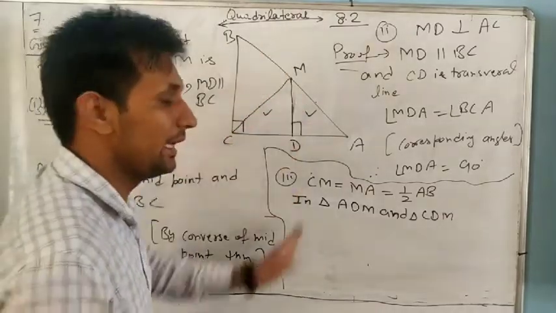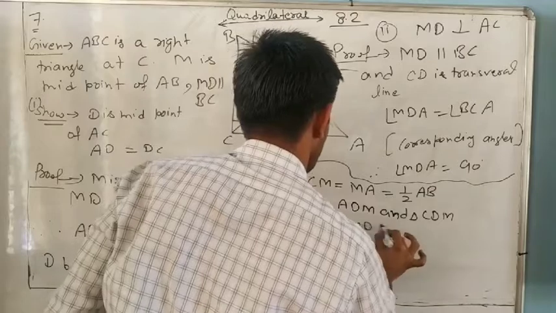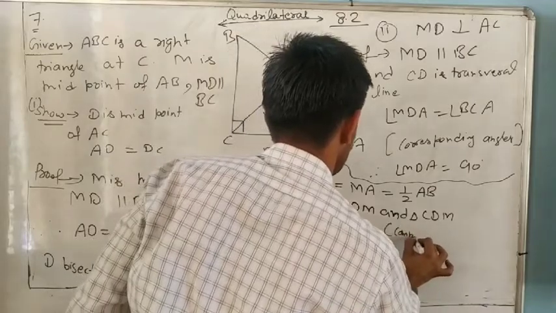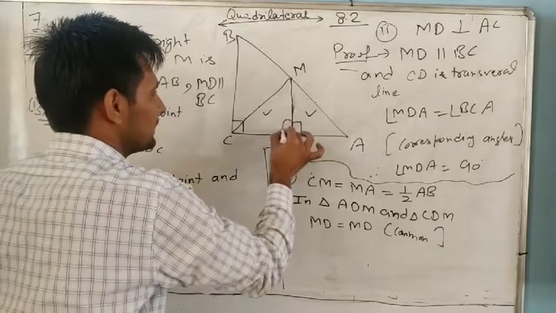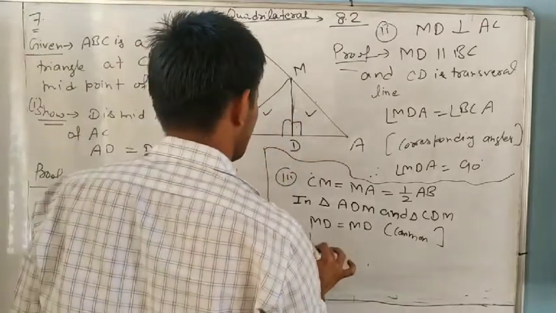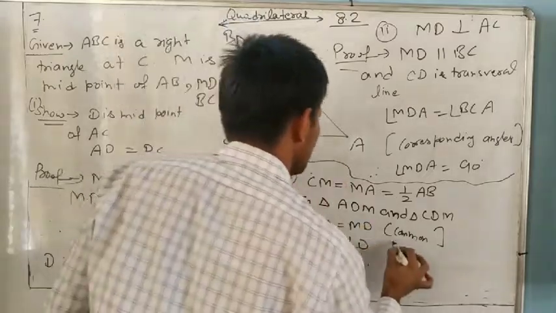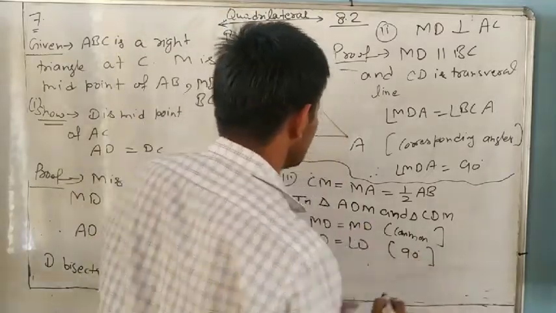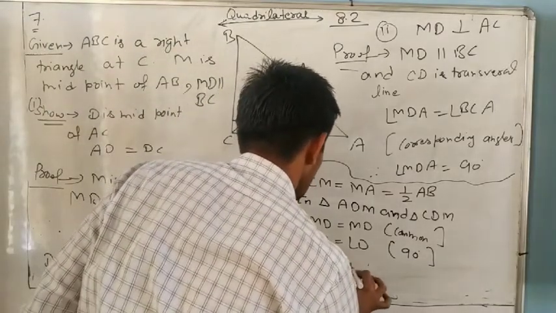How will we do it? MD equals MD, common. Very good. Next, this angle is 90 and this is also 90, so angle D equals angle D in both, which is 90 degrees. Next, CD equals DA.